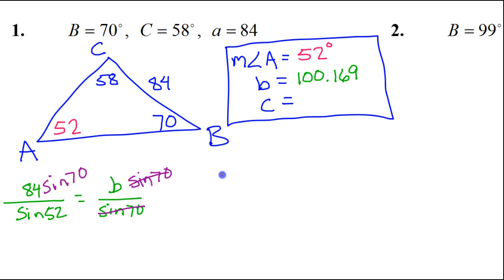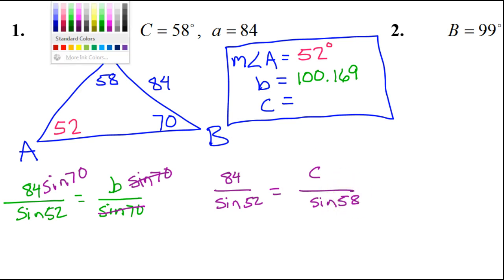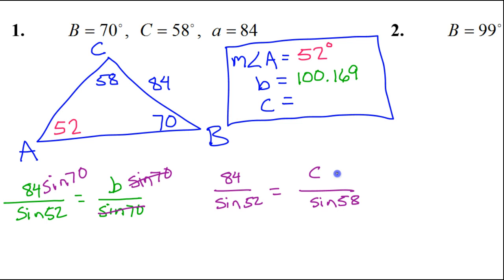So now let's do the same thing again, but let's go ahead and find side C. So again, I'm just going to do 84 over sine 52 is equal to side C over the sine of 58, which is angle C. This is just going to be the exact same thing as before.